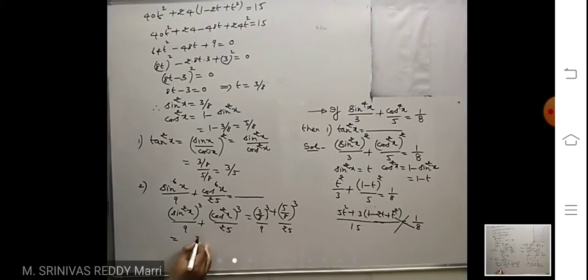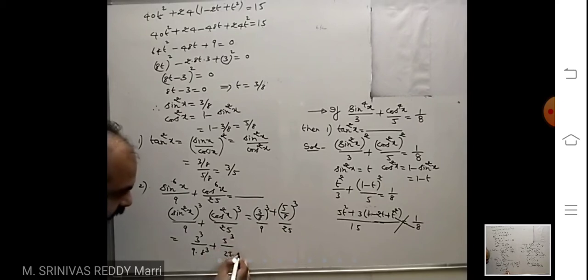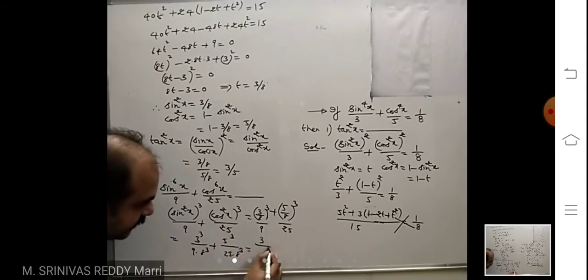Now I am writing 3 cube divided by 9 into 8 cube, plus 5 cube divided by 25 into 8 cube. Now look at 27 by 9, that means 3 divided by 8 cube.